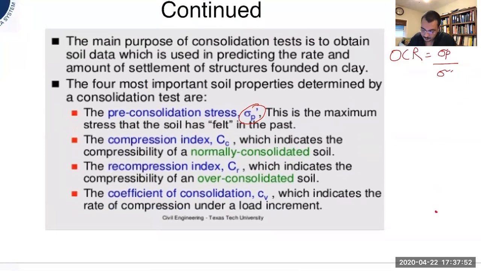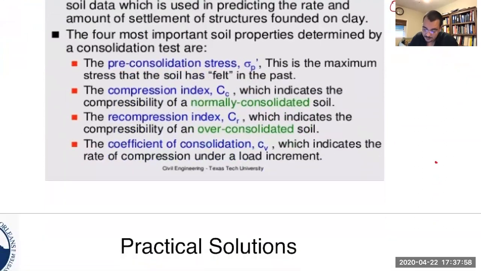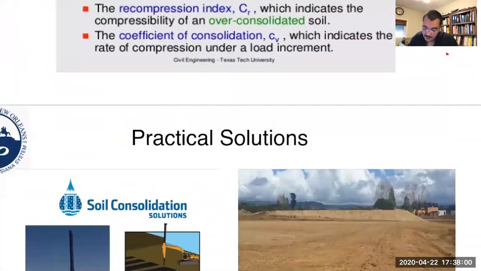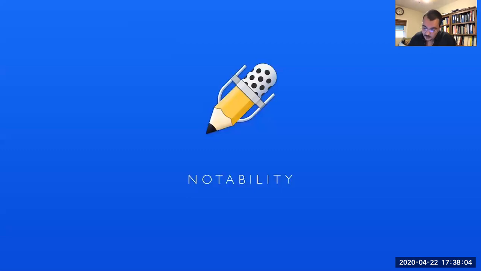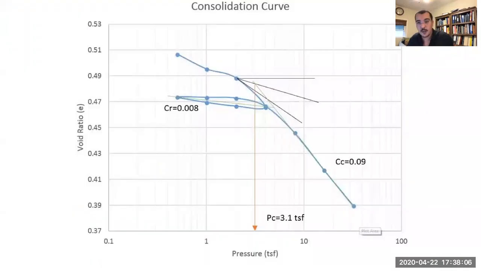So we need to find this pre-consolidation stress, and the way we can find it is from the plot we were just talking about. Again, the quality of this curve will depend on the sample disturbance.